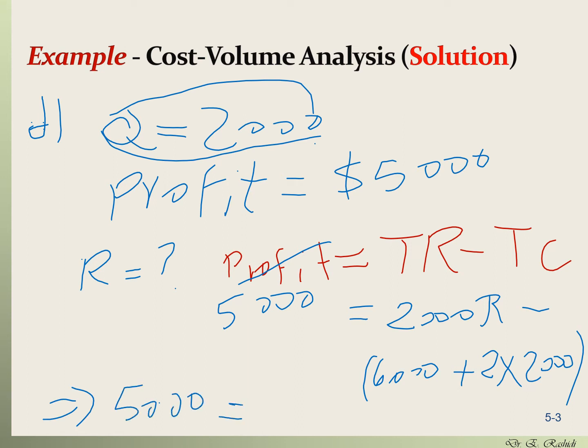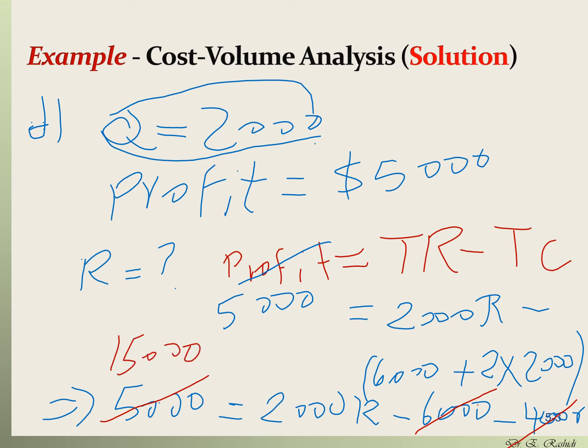So that's going to give us 5,000 is equal to 2,000 R minus 4,000, minus 6,000. So here, if we simplify, we have 6,000 and 4,000, that's 10,000. We bring it to the left side, that's going to be 15,000.